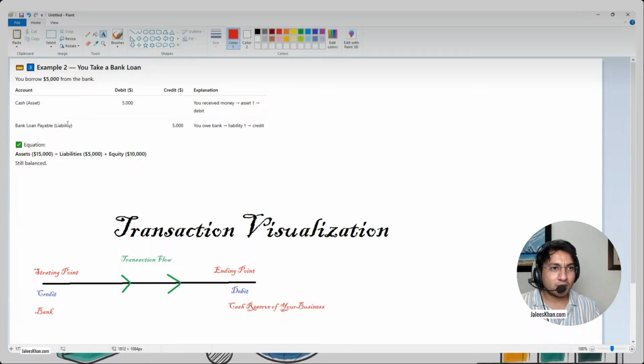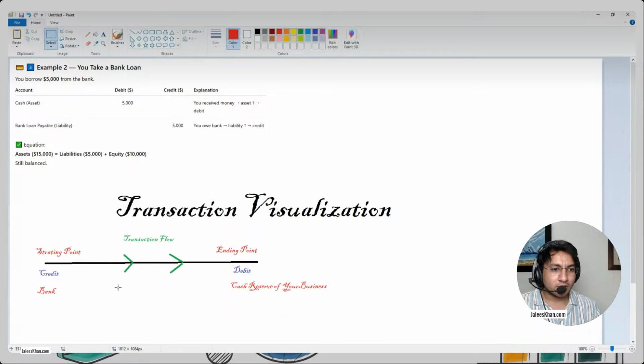Now let's try to move up. So that's the starting point, and what happened is that the bank loan gave this 5,000, so that's going to come under this.